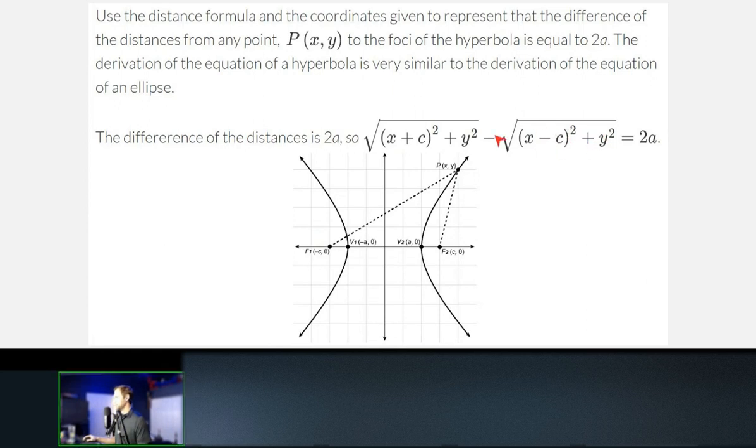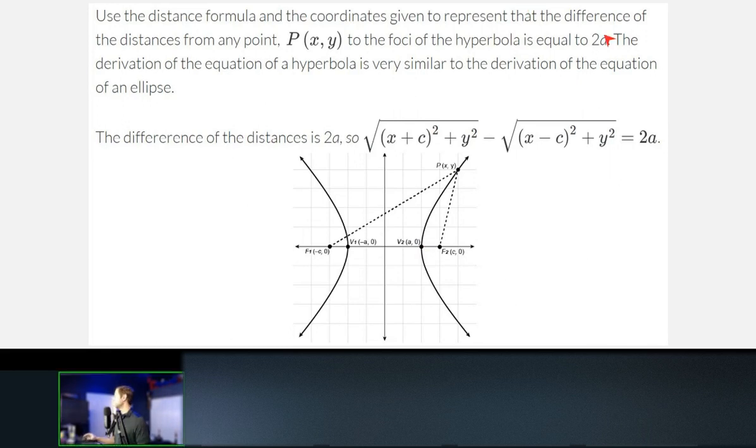So they just simplify it. We're not going to derive it, but you're more than welcome to see how they actually came to this from the distance formula. So all this is, remember, the difference is subtraction. So it means this length minus this length is equal to 2a. And remember, 2a is the distance from vertex to vertex.